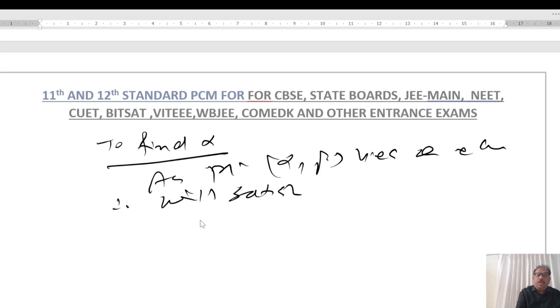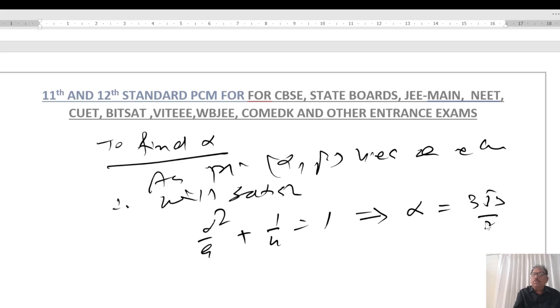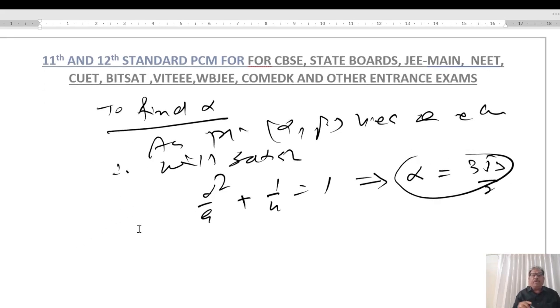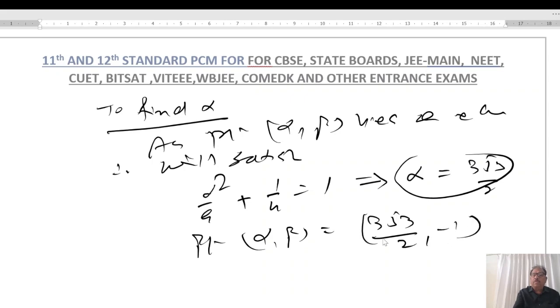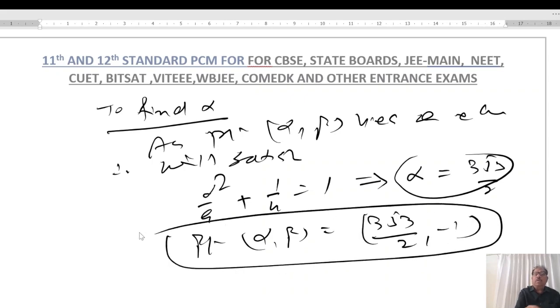Therefore alpha square by 9 plus beta square by 4 equal to 1. This will come out to be, alpha will come out to be 3 root 3 by 2. Now the point alpha, beta comes out to be 3 root 3 divided by 2, minus 1. This is the point alpha, beta.